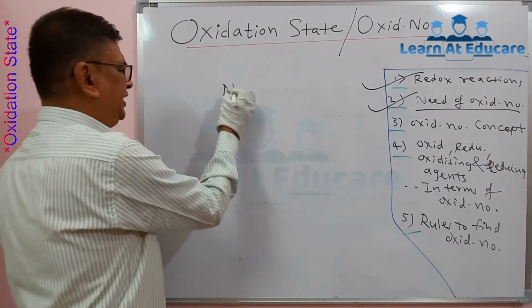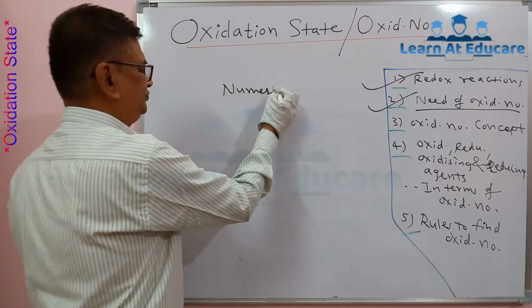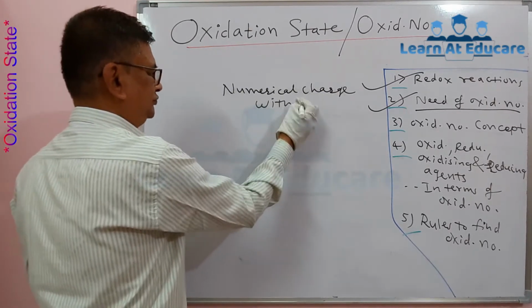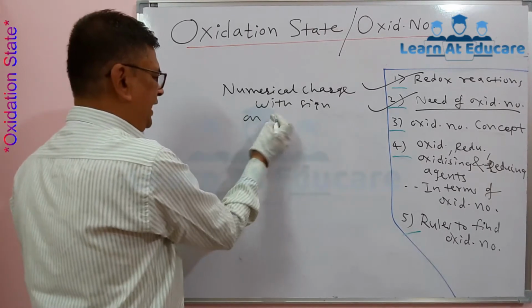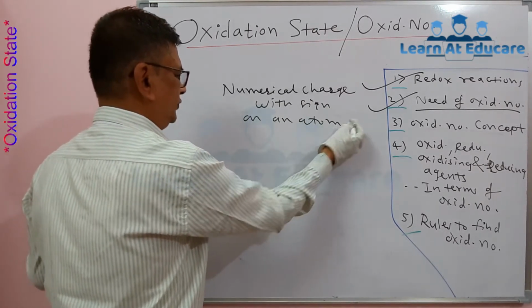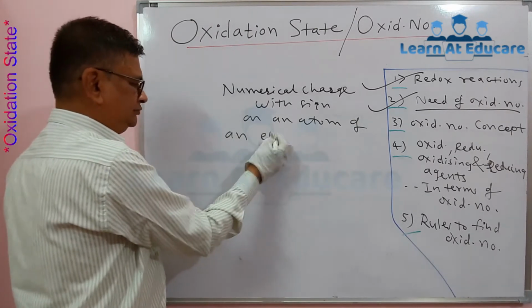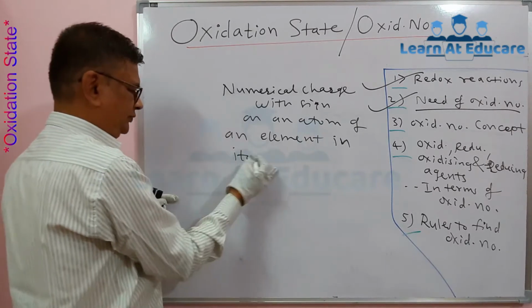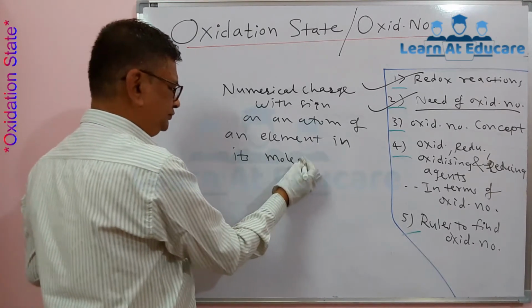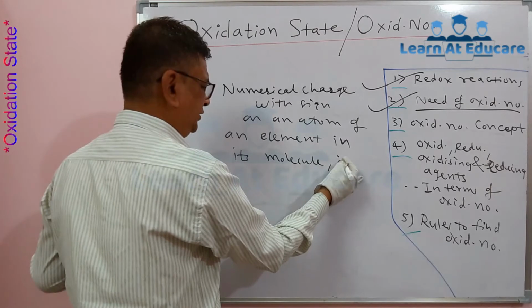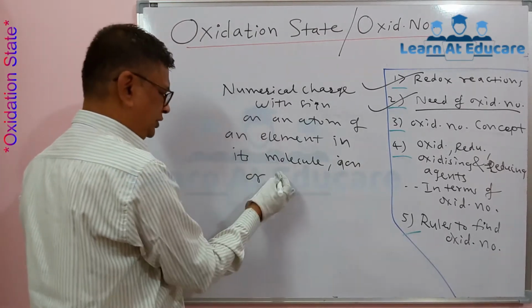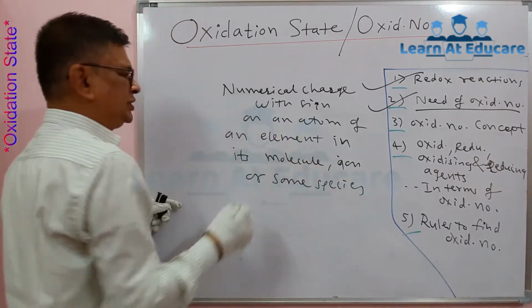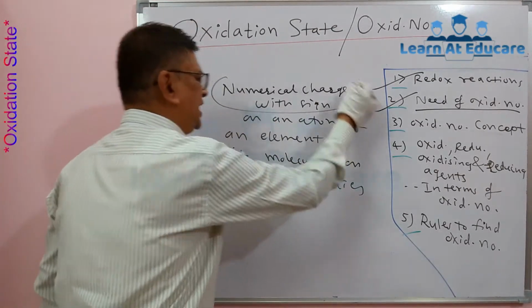Oxidation number is the numerical charge with sign on an atom of an element in its molecule, ion, or some species in general. That is the oxidation number, numerical charge with sign.